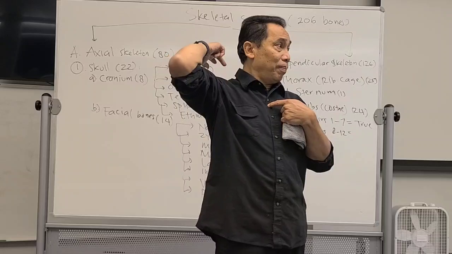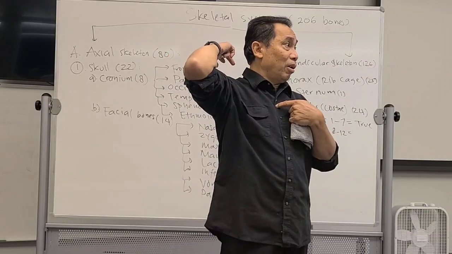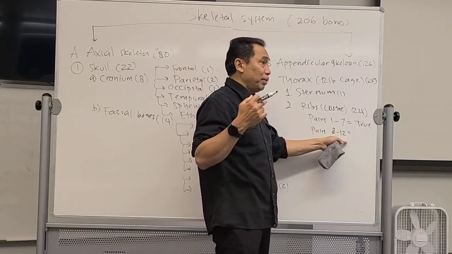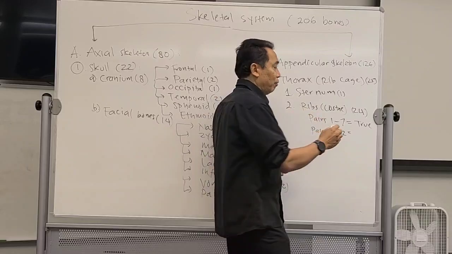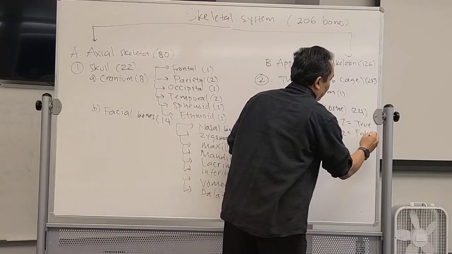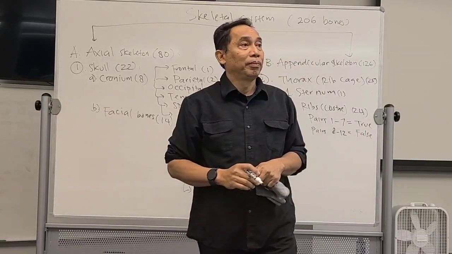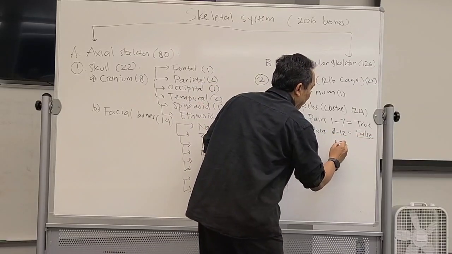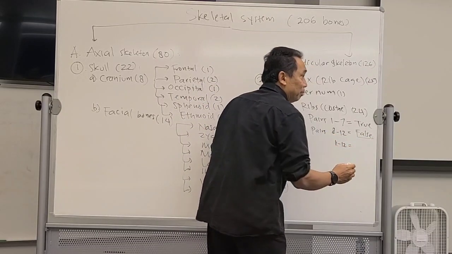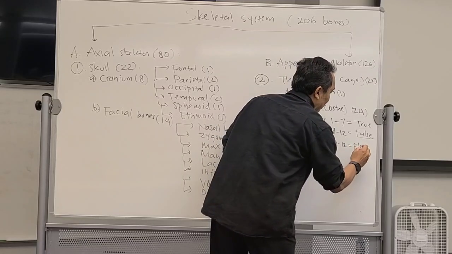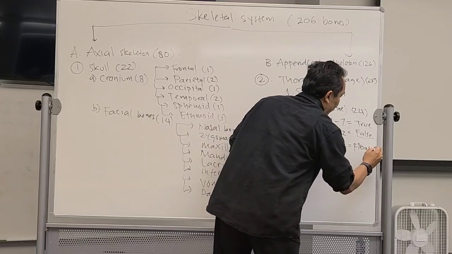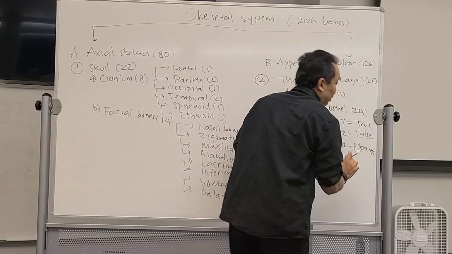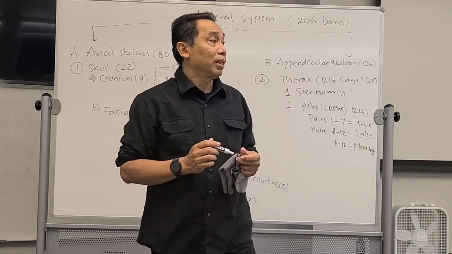Of course, they are connected to the back, to the vertebrae, right? All of these, 8 to 12, are called false ribs. Especially for these false ribs, numbers 11 and 12 are floating. They are false, but not only false, they are also floating ribs.